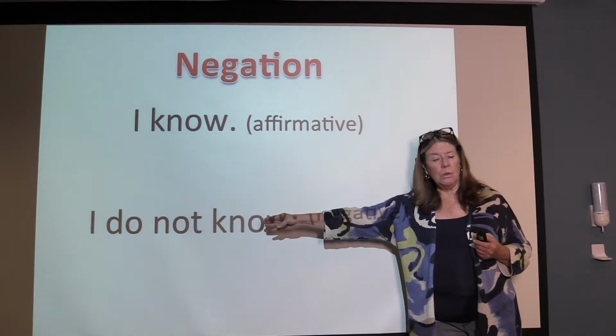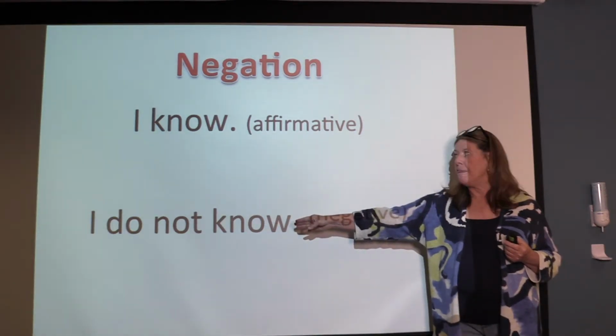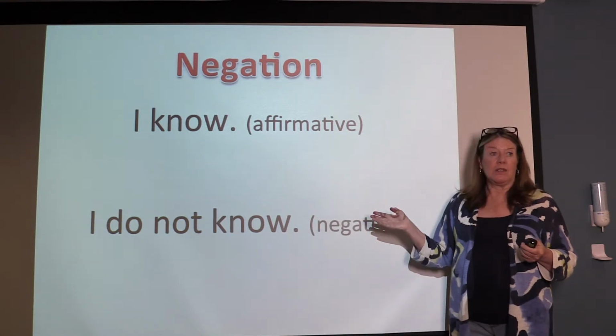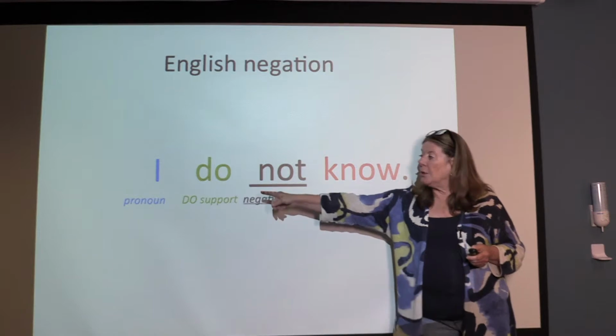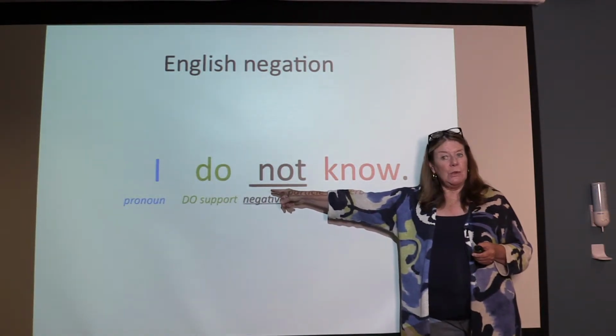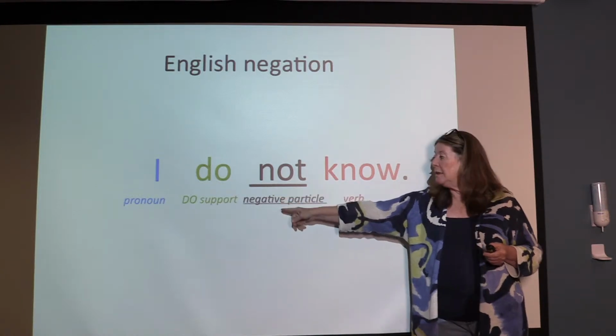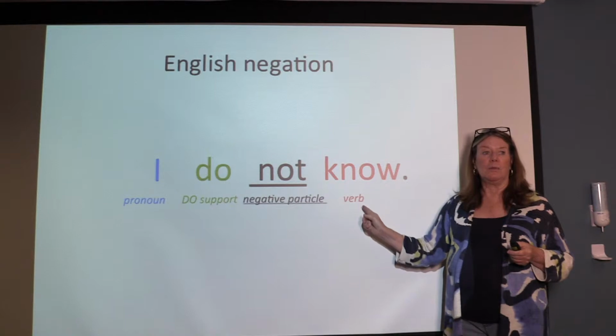Where did the do come from? And then we have the not. So that's what English does. So I is a pronoun. The do is called do support. The not is the negative particle, and this is the verb know.